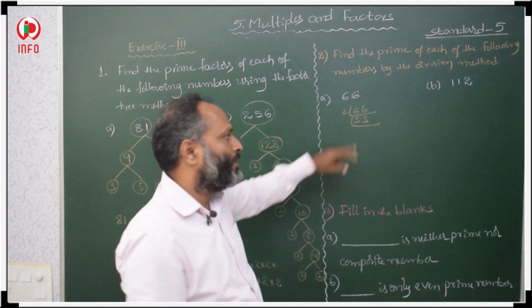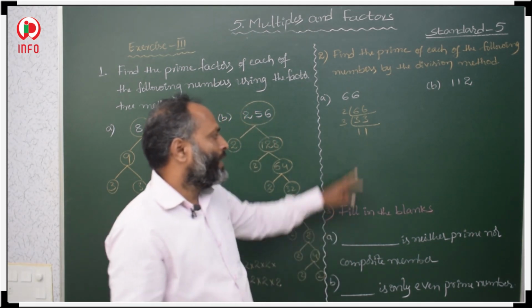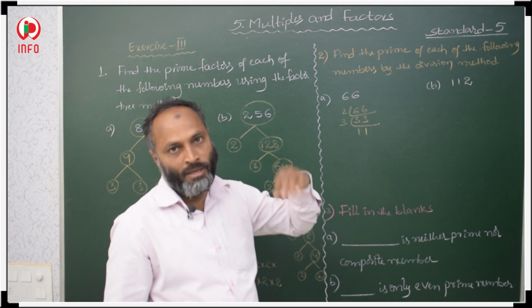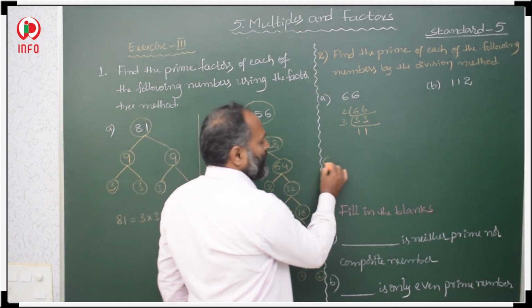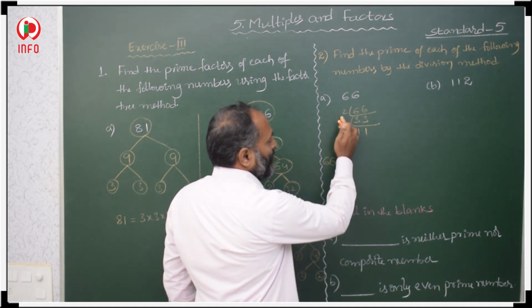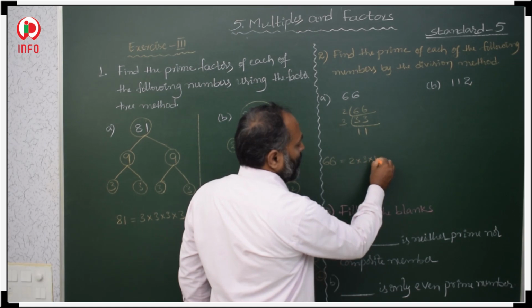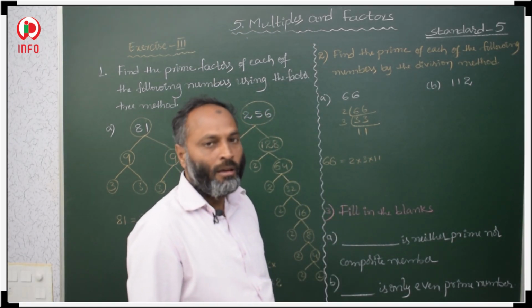It is divisible by 3. 3 11s are 33. 11 is a prime number, no need to check further. Why? Because prime numbers are divisible by 1 and itself. Then 66 is equal to 2 into 3 into 11, all are prime numbers, the product of prime numbers.